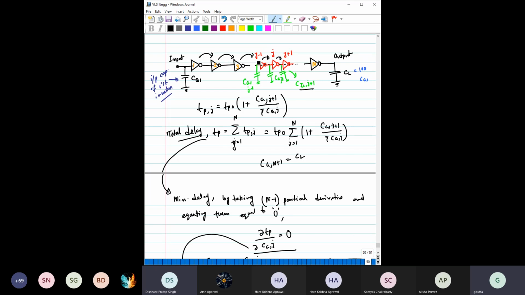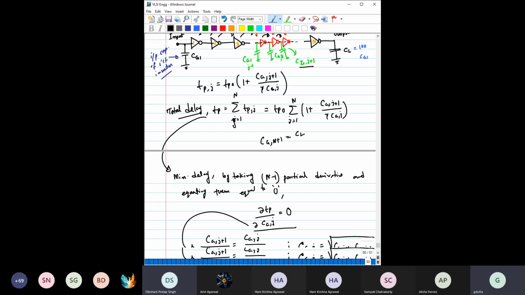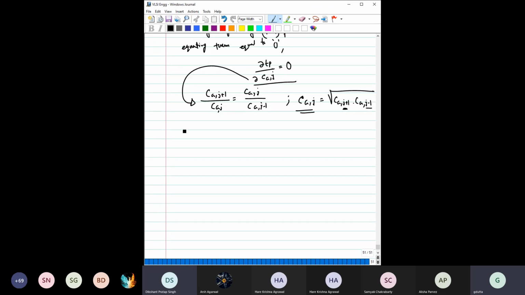So if I write it like this, that F is equal to the overall fan out, which is nothing but CL by the first stage, CG1.